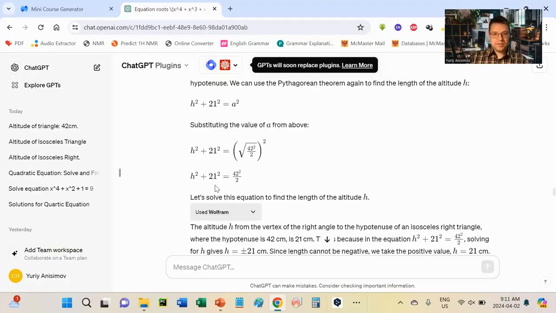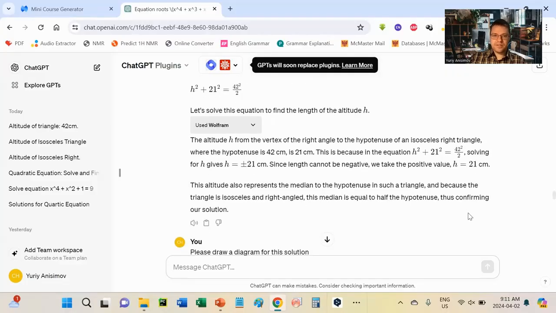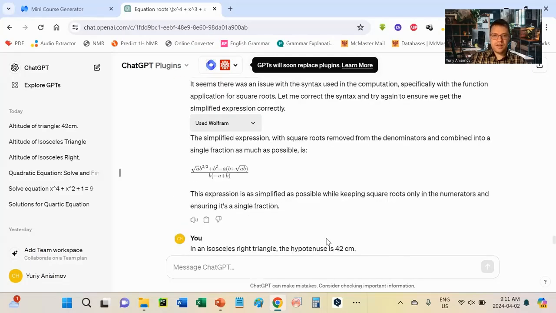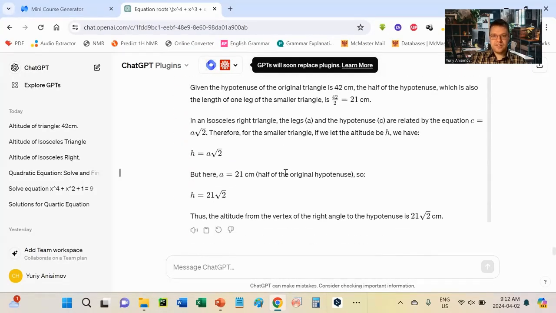And then this one, well, the solution was too complex anyway, because you don't have to do all these calculations. However, finally it comes up with the correct answer. So H equals 21 centimeters. And I don't know why now it shows the wrong answer.